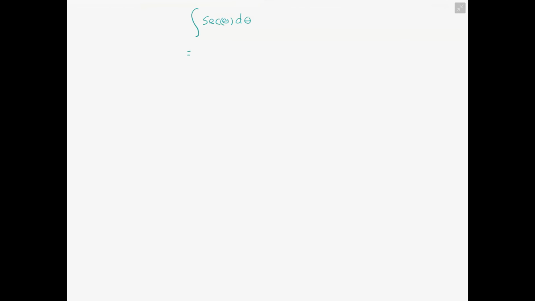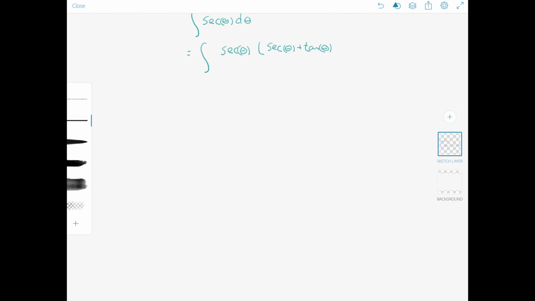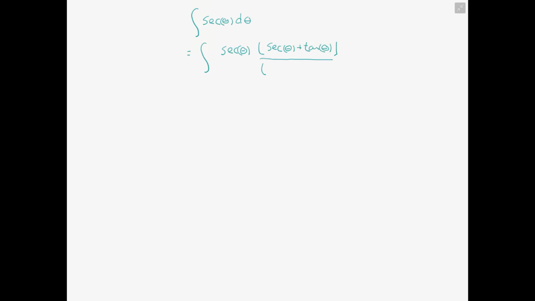So if we multiply, we go secant theta times secant theta plus tangent theta over secant theta plus tangent theta and d theta.